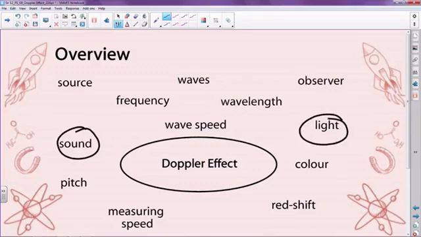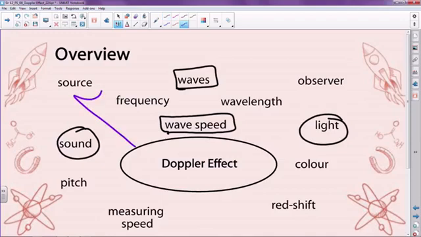Now, within the Doppler effect, we have to consider a couple of things. First of all, we have to consider the wave speed, how fast the wave is going. That plays a very, very important role. We need to consider what the source is, and in fact, how fast the source is going.